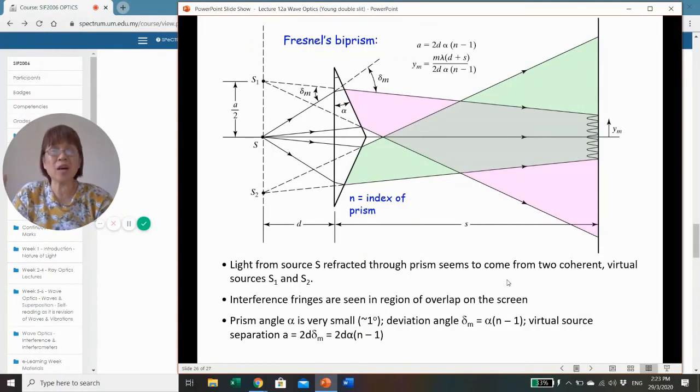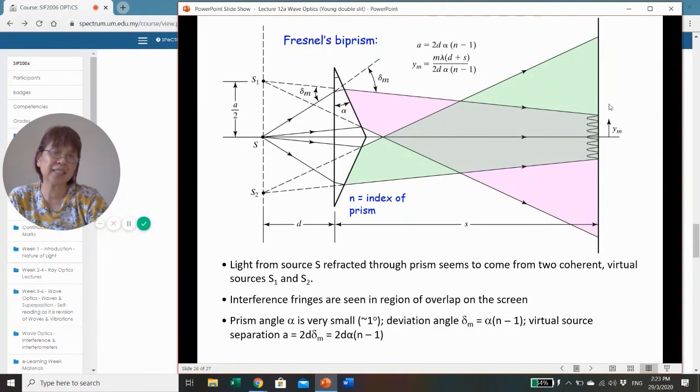Another way of creating a virtual source is by considering refraction, a beam passing through a prism. In this case, it's called a Fresnel biprism. We have a source at the center, and this beam comes here, is refracted, and passes through this part.